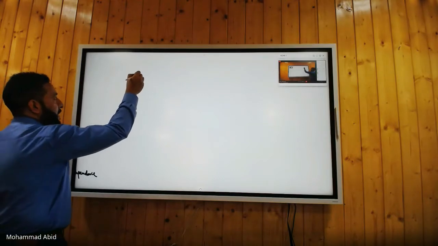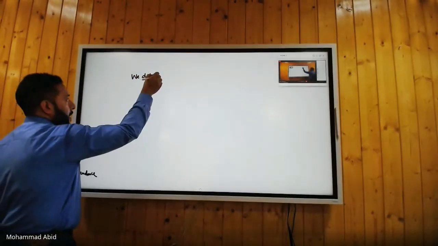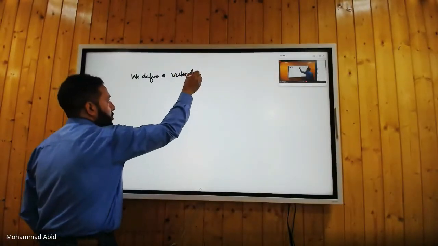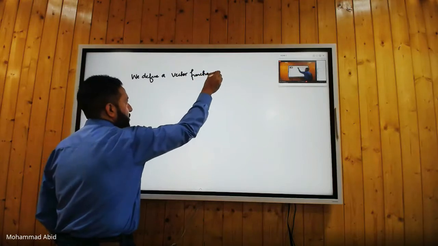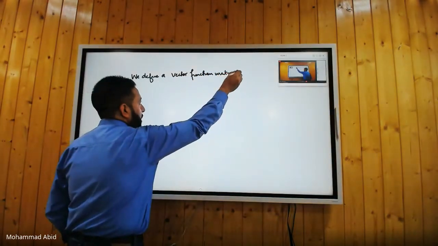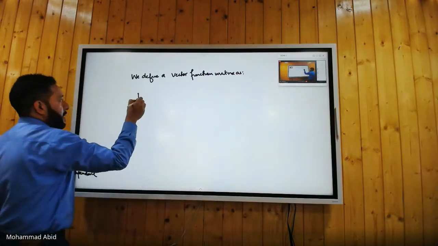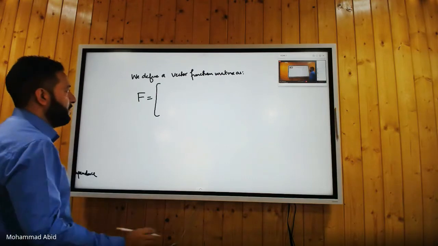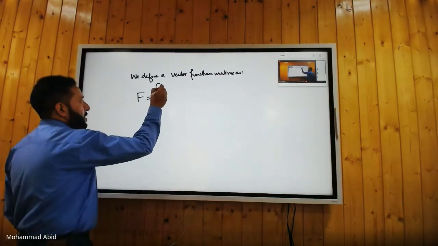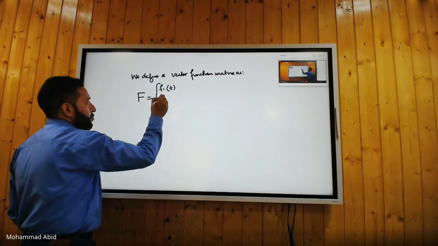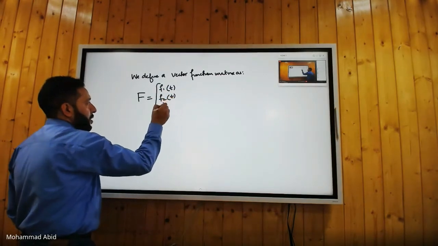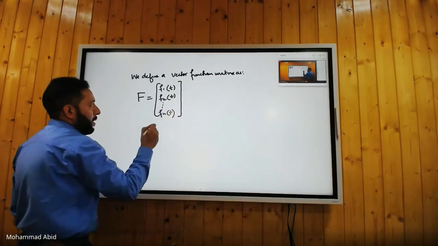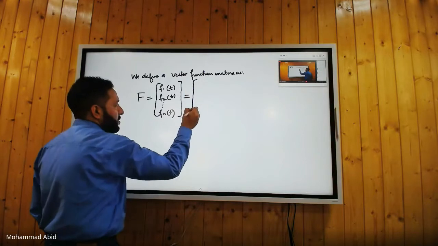So we define a vector function matrix, capital F, which is actually a matrix whose rows are these vector functions. So I have f1(t), f2(t), and so on, up to fn(t), n vector functions, and each vector function has m components.